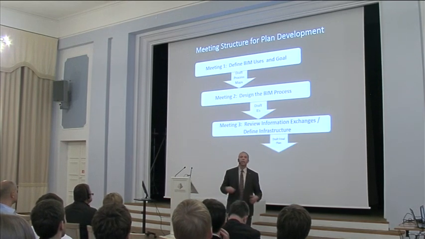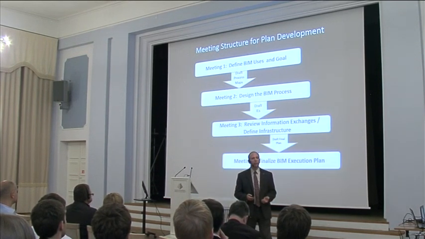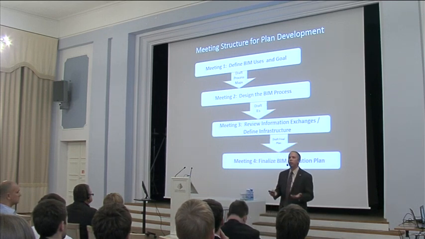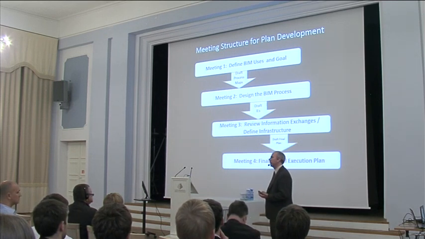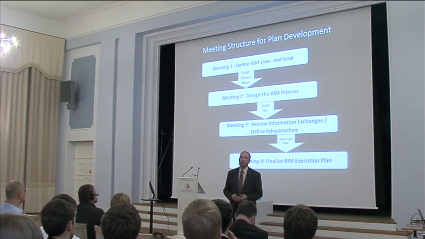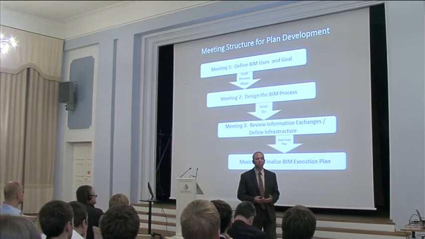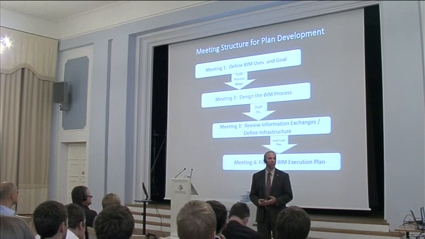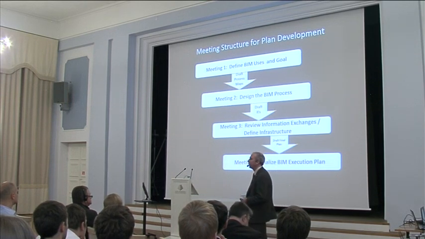And then ultimately compiling that with the infrastructure and getting a final meeting back together to review the plan with everybody on the project. Now I will tell you, we went out and we did quite a few BIM execution plans with different people on different projects. They don't all have 4 meetings, and they certainly aren't all in this structure.